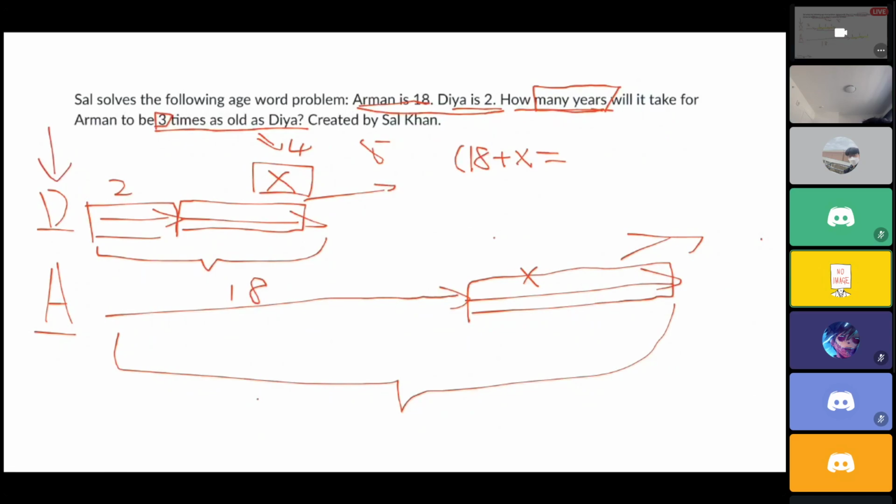Yep. Brackets minus. Okay. Wait, no. 18 plus x equals 2 plus x, times brackets, times 3. Yo, let's go.